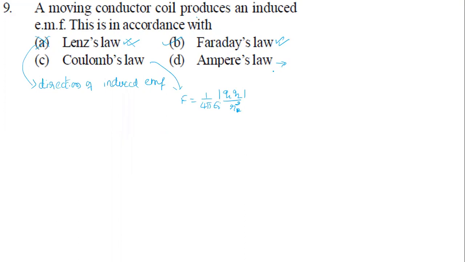Ampere law, or you can say Ampere circuit law, it is basically talking about the integral of B dot dl equal to mu naught times I. It means the line integral of the magnetic field around a closed loop is equal to mu naught times the total current enclosed by the surface, or Amperian loop. That's what Ampere circuit law deals with.